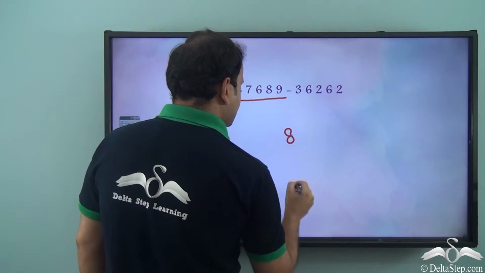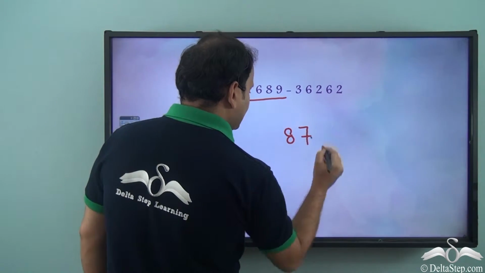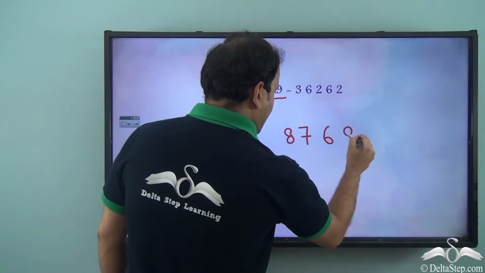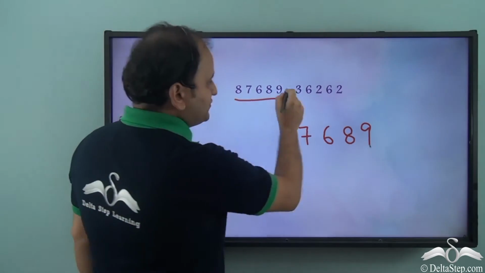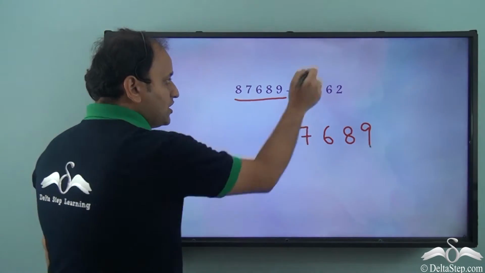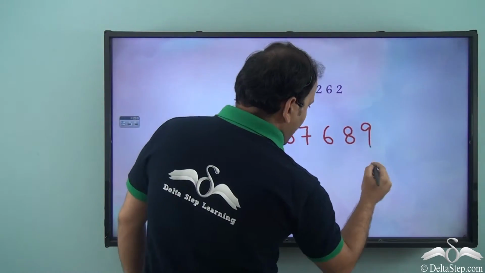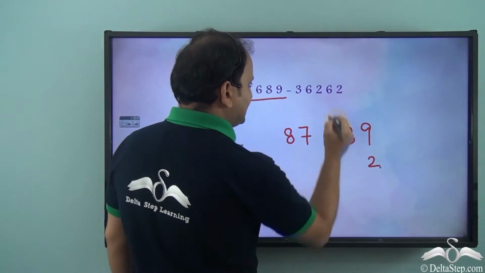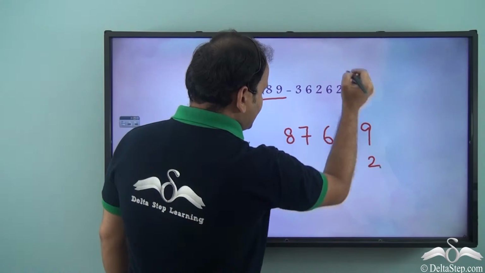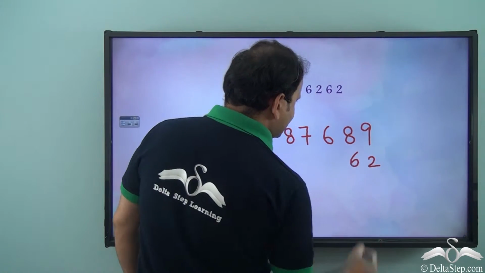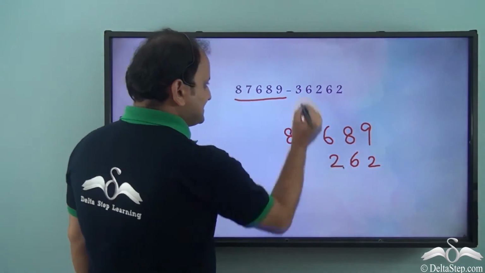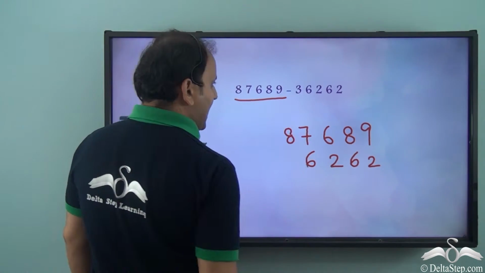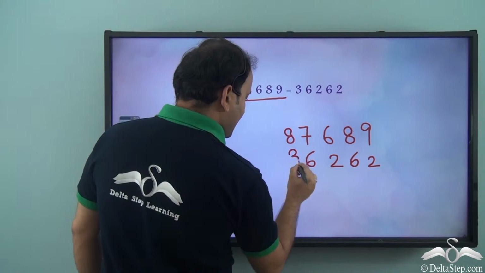So 8, 7, 6, 8, 9. Next we have 36262. So units digit will go under units digit. Then we have tens digit. This will go below tens digit. Similarly, 2 will go below 6, 6 will go below 7, and 3 will go below 8.